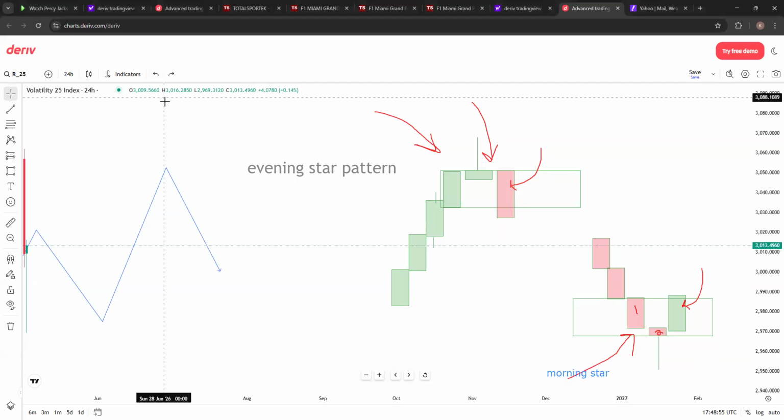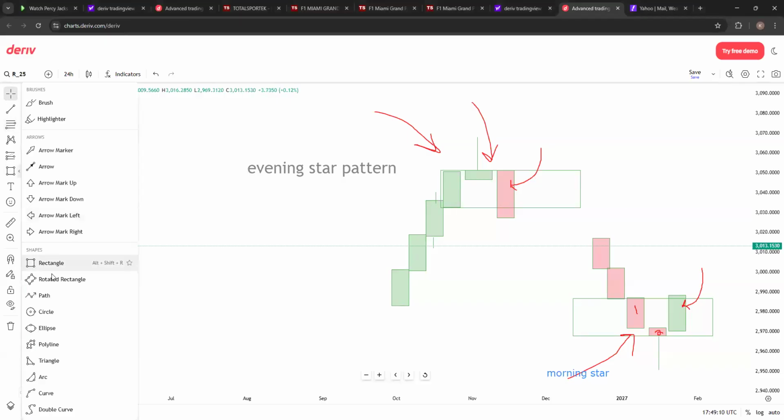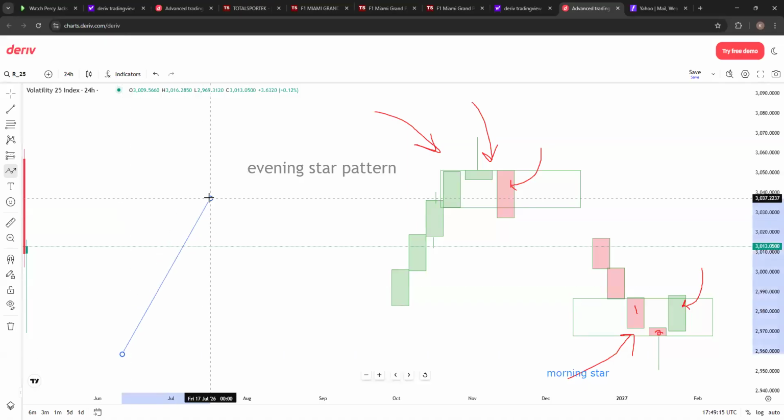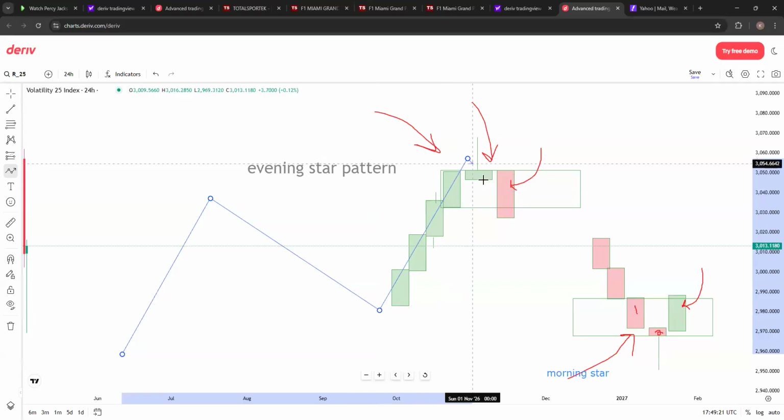Let's say we're in an uptrend. What we know is we can be having a high, then a low, let's say here. Then a high here, then a low.